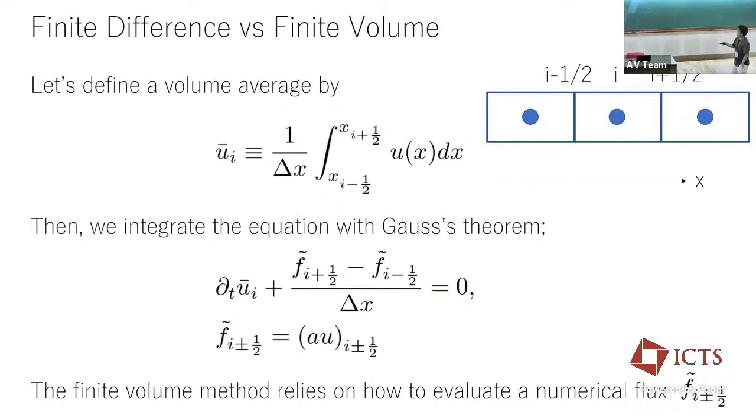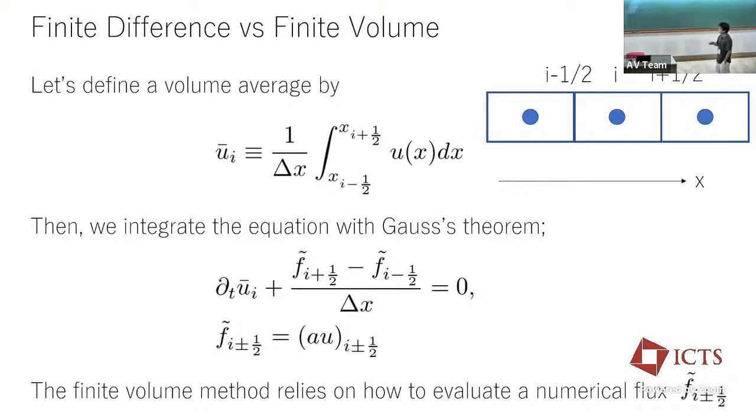Then if you define the volume average U bar i in the cell, you can define it like this. Of course, you have to assume some distribution of the solution inside a cell. But anyway, you can define the cell volume average like this.